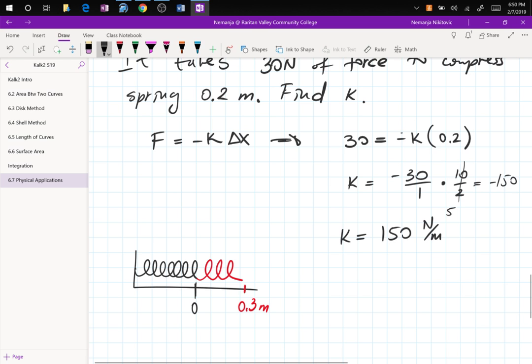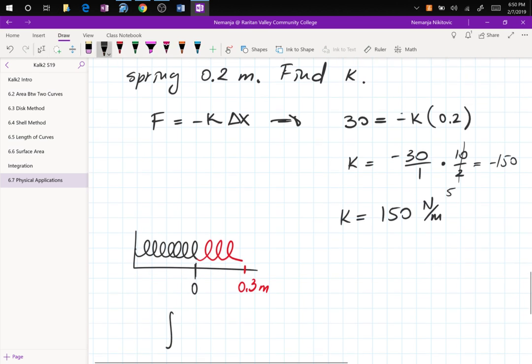Well, we have the integral from 0 to 0.3, because of the distance that we are covering, the dx goes from 0 to 0.3. We are stretching the spring, so we are pouring energy into the system. Remember, the spring was happy. It's not going to move anywhere unless you disturb it by adding energy to that system, which is compressing it or stretching it.